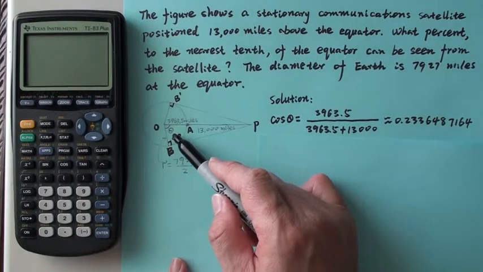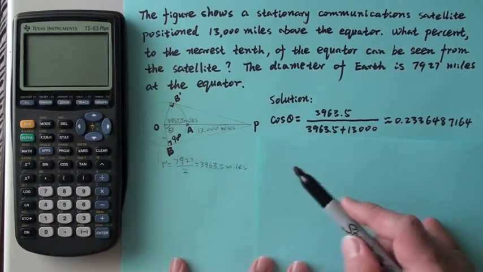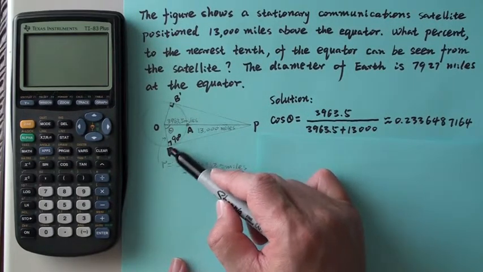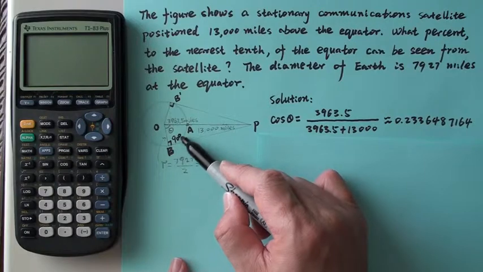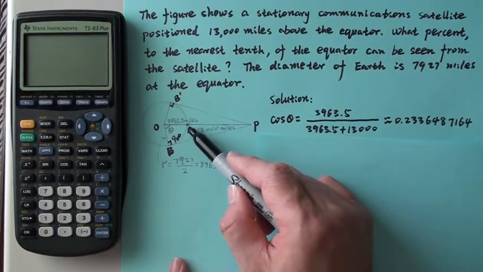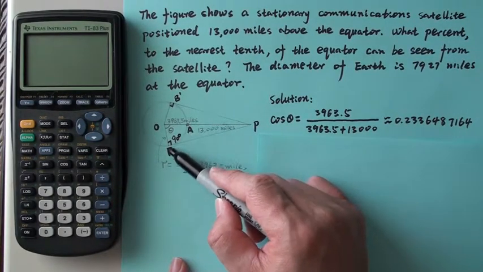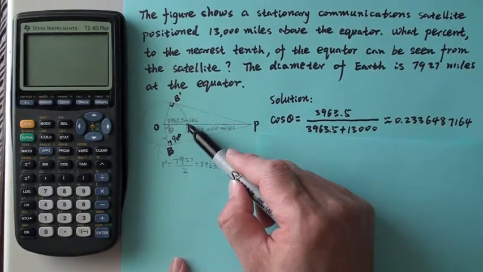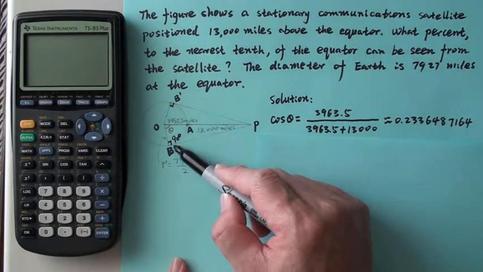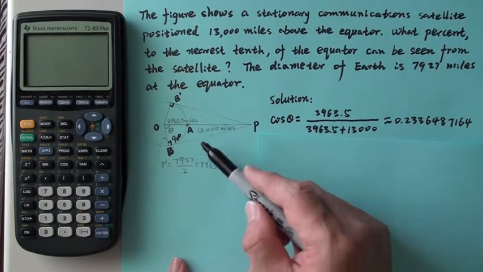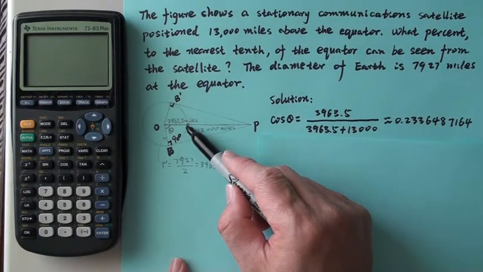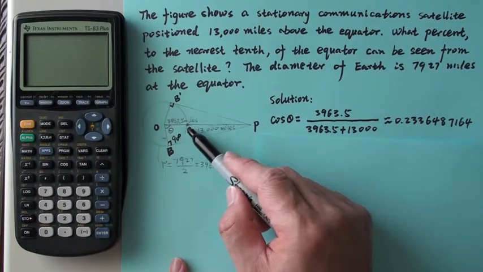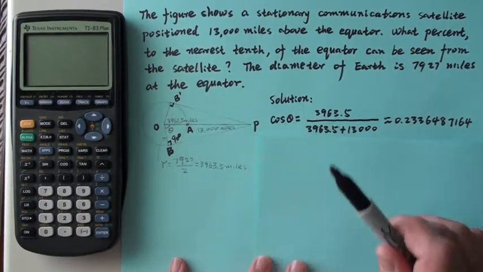So let's say now we have found theta already. Then how long is this arc AB? If we know AB, then we double the arc AB to get the arc BB prime, because A is in the center of this arc. Since we know the angle theta and we know the radius, we can figure out the length of the arc.